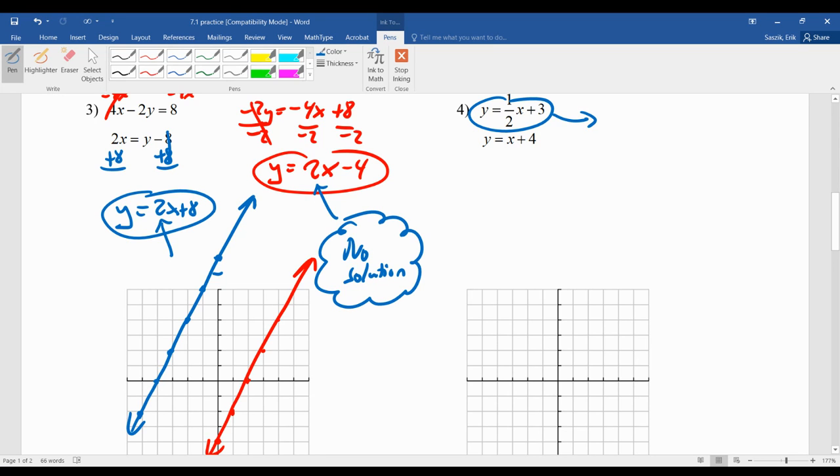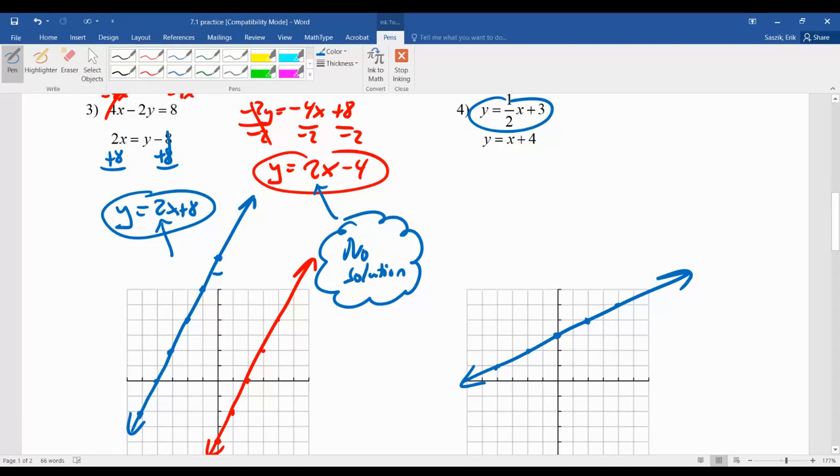Okay. No work needed to do with this blue one here, because it's already solved for y. Actually, don't have to do work for either one of these, right? Up 1 over 2, up 1 over 2. Let me go backwards, down 1, left 2, down 1, left 2.